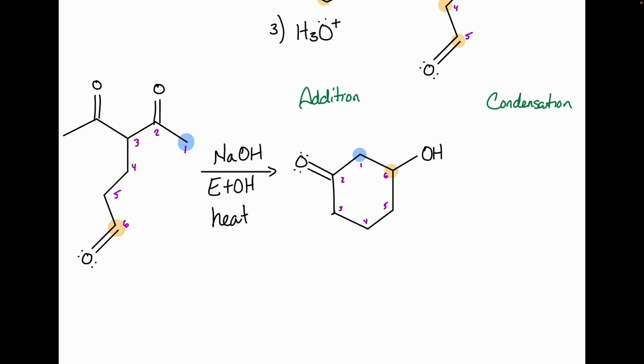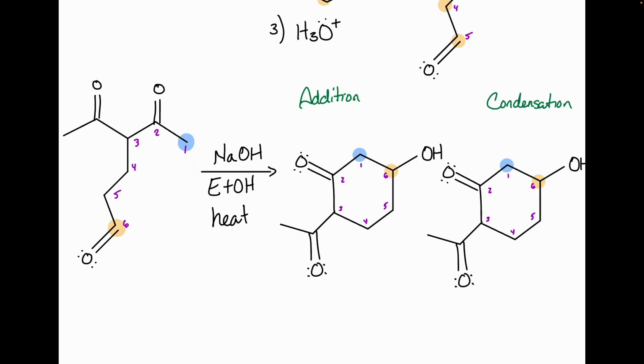And then on carbon 3, I have to add a whole acetyl group here. If we have the condensation product, then that OH group is going to dehydrate off and leave me with a carbon-carbon double bond.